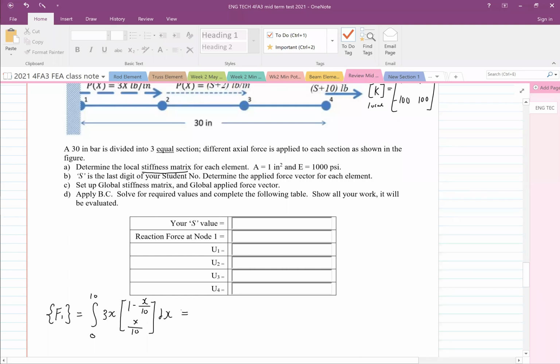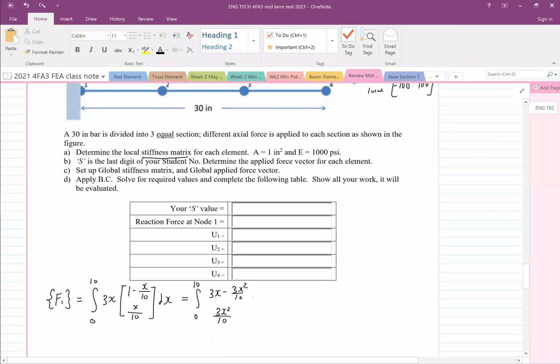Okay, we'll rewrite this equation. We multiply them together. The first one is 3x minus 3x squared over 10, and then 3x squared over 10 dx.